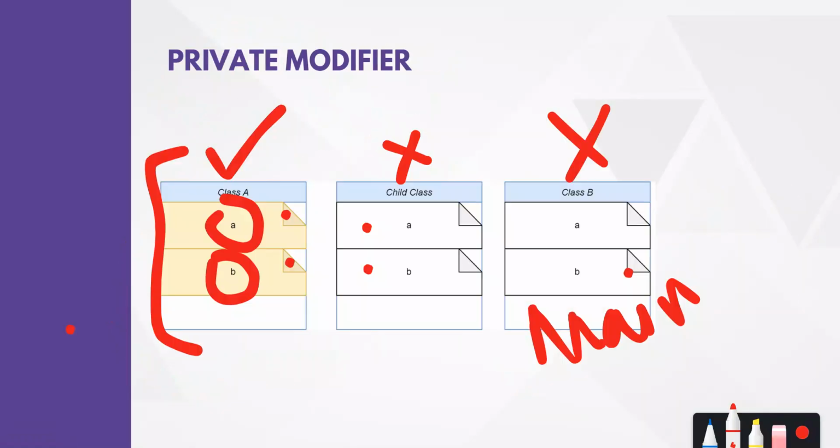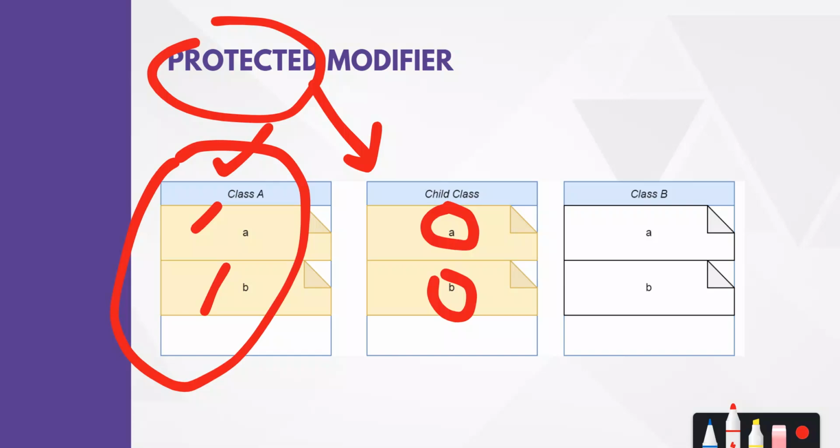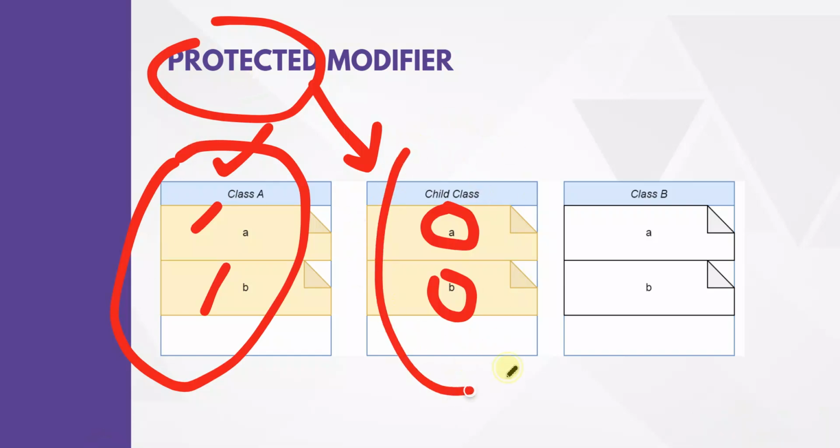This is the difference with respect to private: private data members are only available in the parent class and not in the child class. But with protected, all the protected data members are also available in the child classes, but not in the third classes.